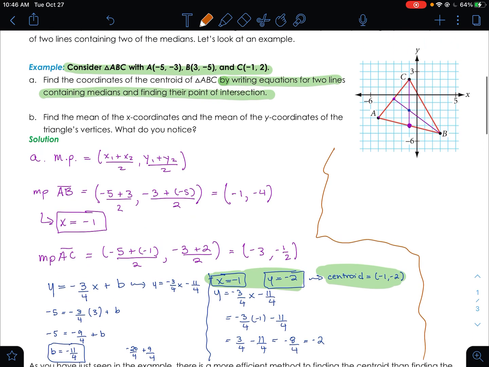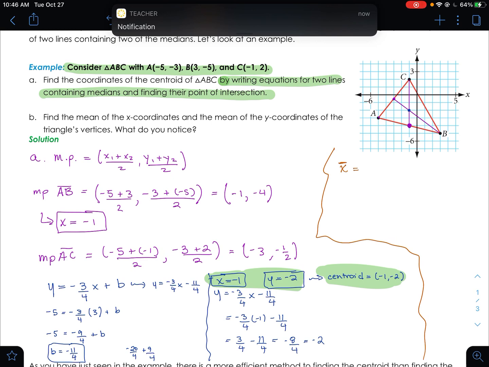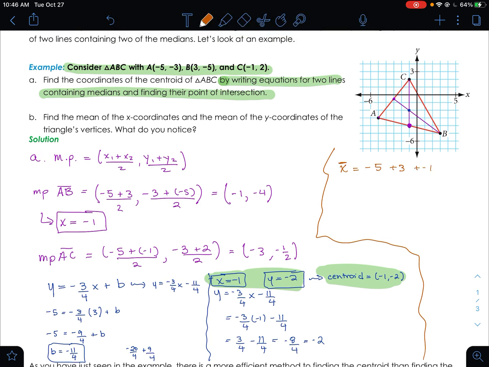If we wanted to find the average of our x-coordinates, it is equal to negative 5 plus 3 plus negative 1, and then we divide by however many we have, which is 3. So negative 5 plus 3 is negative 2, plus negative 1 is negative 3, divided by 3, gives us an average of negative 1.